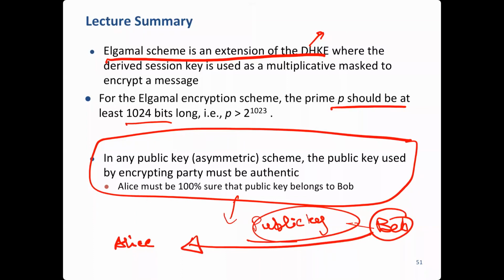If she has got the public key of somebody else, then there is an issue. That is another problem that we have to solve: Mallory in between can set her own public key instead of the actual recipient's, Bob's public key. How do we solve this problem? We'll study in the next class something called PKI, public key infrastructure.